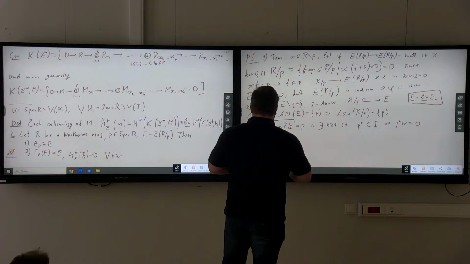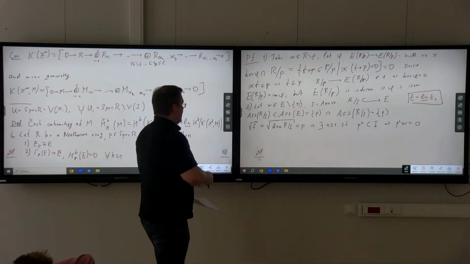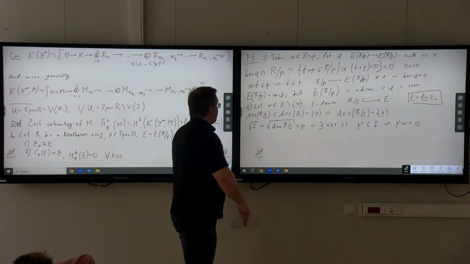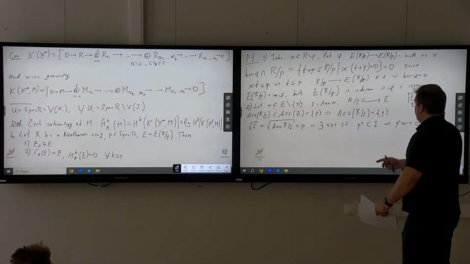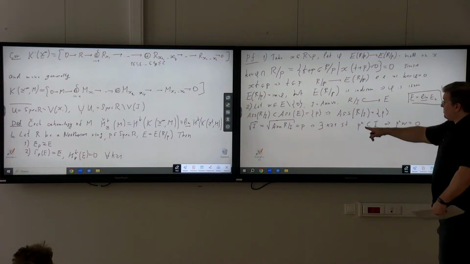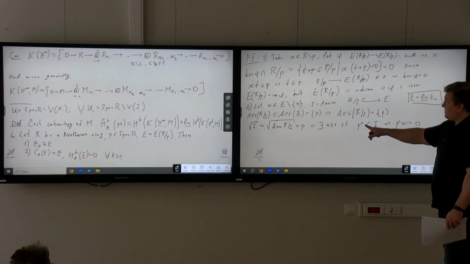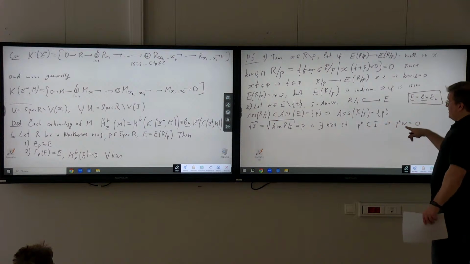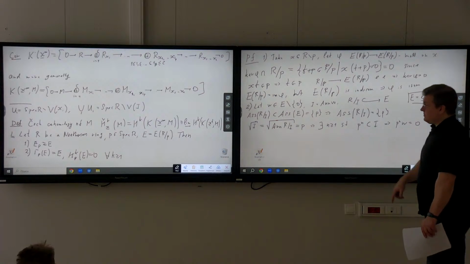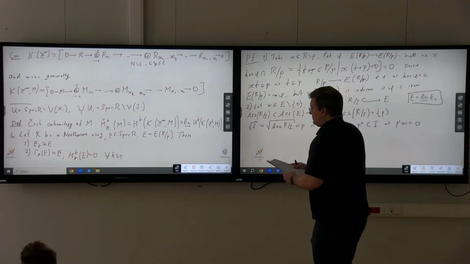Yeah, exactly. At the end we proved that whenever you take a non-zero element w in this injective hull, you can find the corresponding power n such that P to the n is annihilating this element w. So it's torsion.